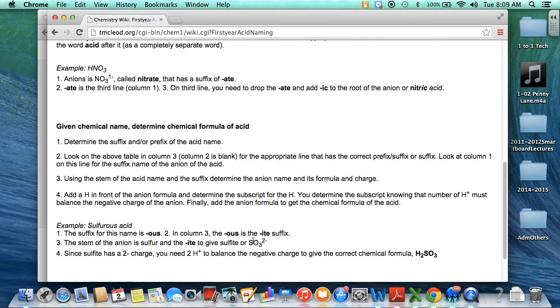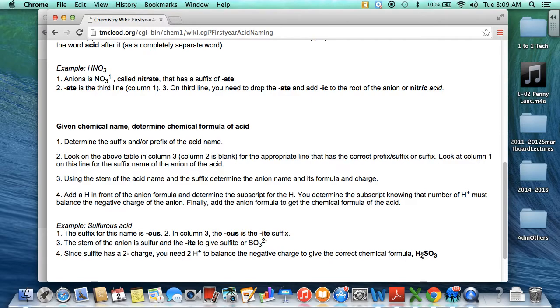So it's sulfite. Therefore, to make the acid chemical formula, the cation sides are always H pluses. How many H pluses do you need to cancel a 2 minus? We need 2. That's why the subscript is a 2. So it's H2SO3.